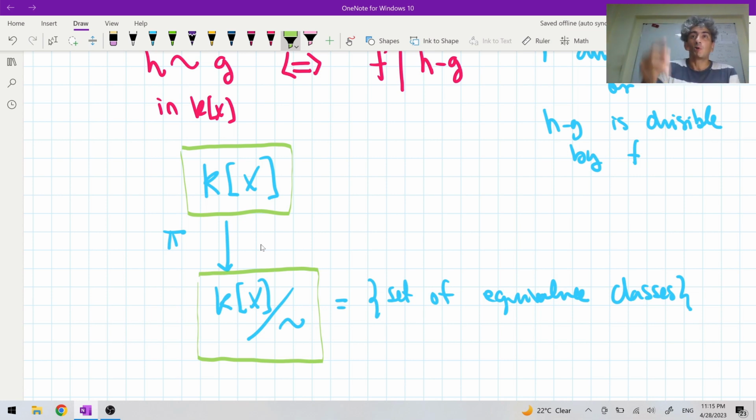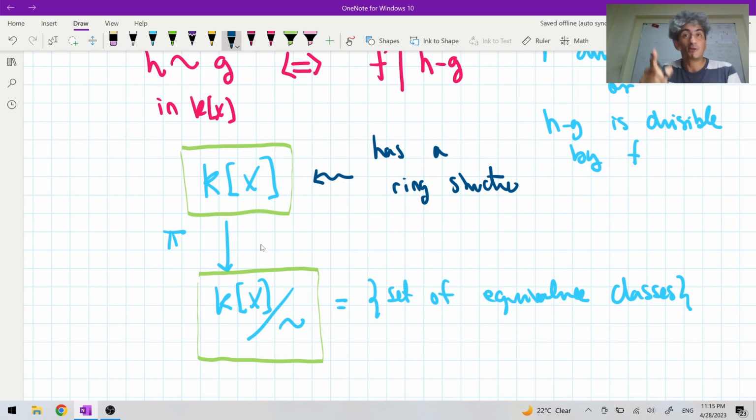So in this case, k of x has a ring structure. We can add and we can multiply polynomials. So there's a way of defining addition and multiplication in the quotient set, just like we did in finite fields.